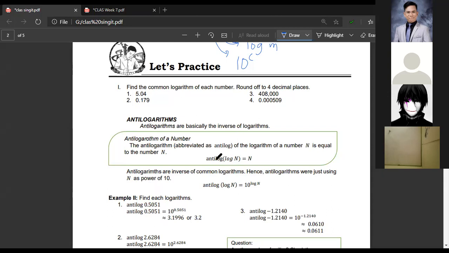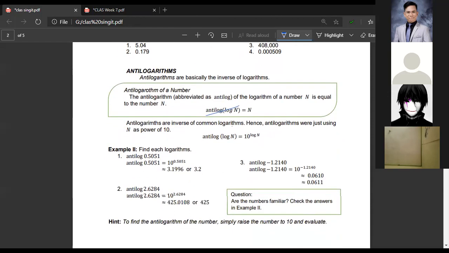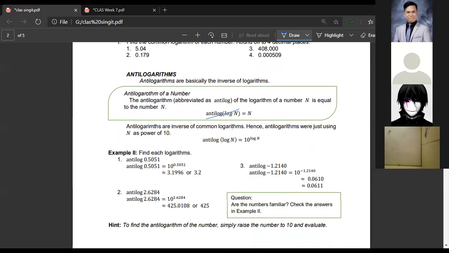So antilog of log n equals n. Just cancel the two logs and n is what remains. Anti-logarithms are the inverse of common logarithms, so they just use n as the power of 10. To find the anti-logarithm of a number, just raise 10 to that number as the exponent.